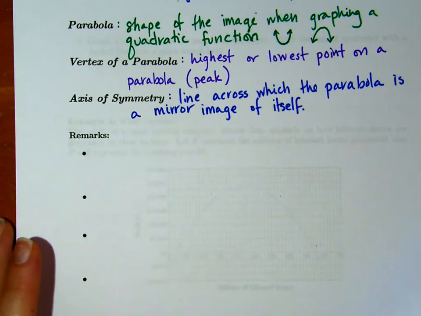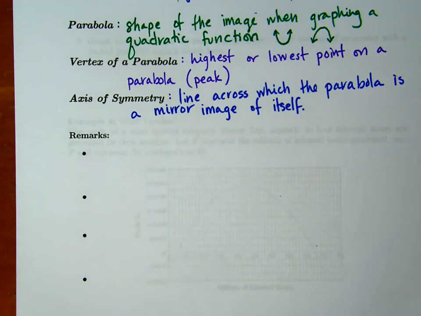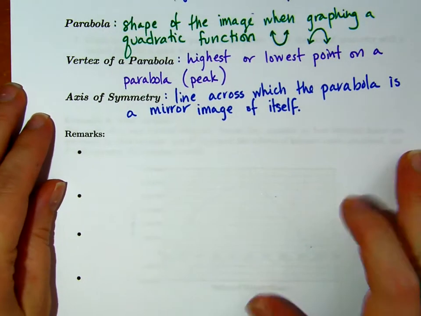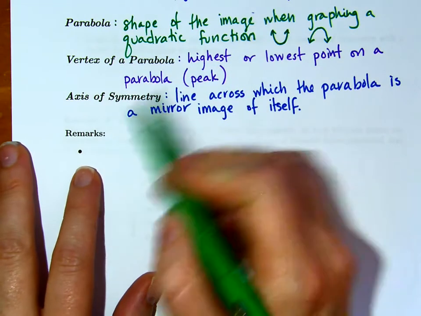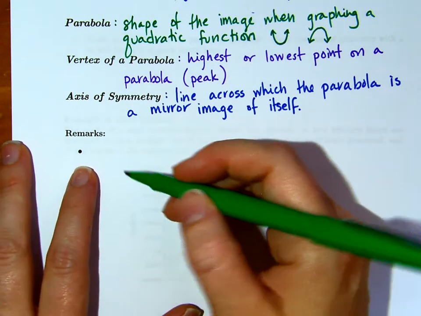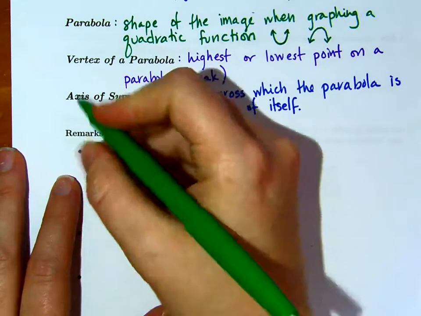Okay, so let's talk about some remarkable things about parabolas and quadratics. Well, this peak, this vertex, the x-coordinate actually has a formula, and I would like to jot it down here.